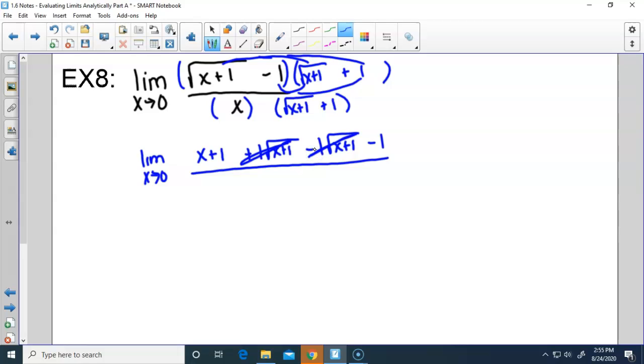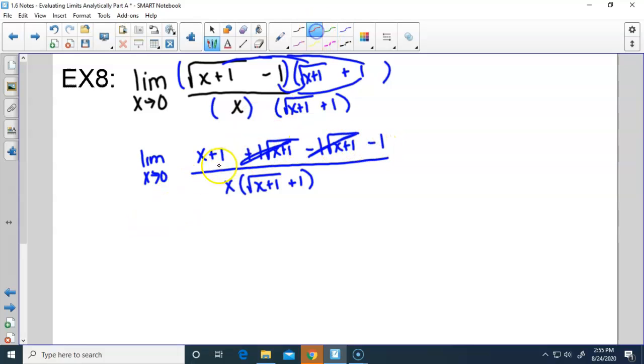And so the denominator here, I could distribute, but I want something to cancel later, so I am not going to distribute. It is generally going to be in your best interest to leave the denominator alone whenever you're doing these problems. Now, I've got x plus 1 minus 1 is what I'm left with here.